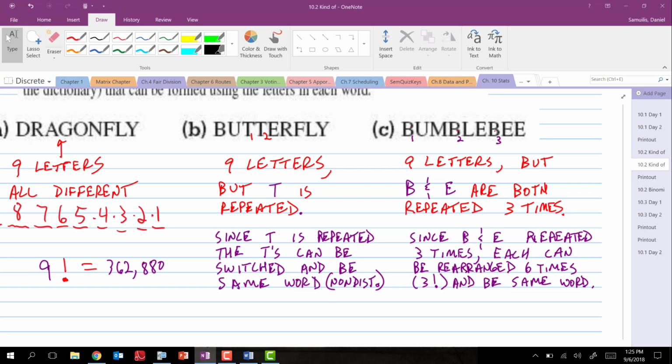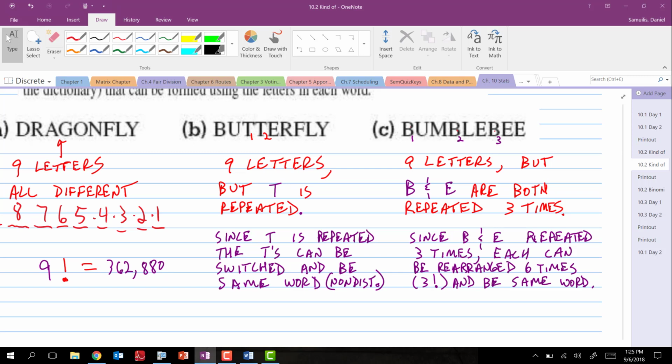But what if I switch the T's? Is that still butterfly? Is that distinguishable, or is that the same? The same. So are there 362,880 different words I can make with butterfly's letters? Yes or no? Actually, no, because even the word butterfly, I could do it 2 ways, and it's the same word.